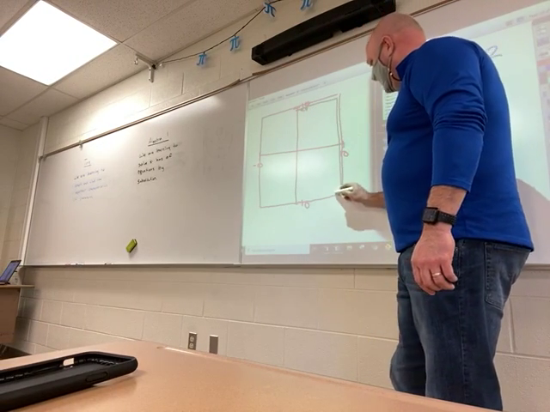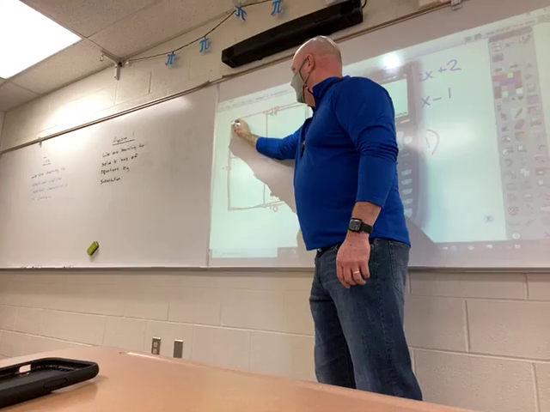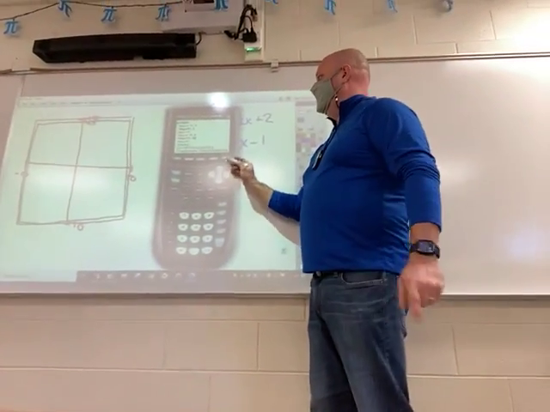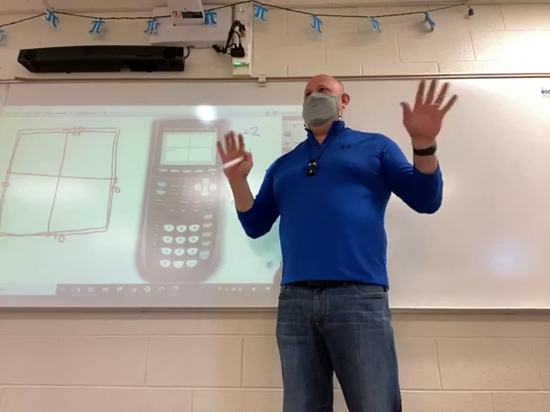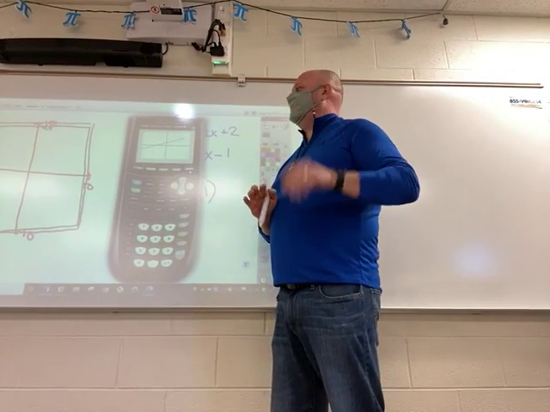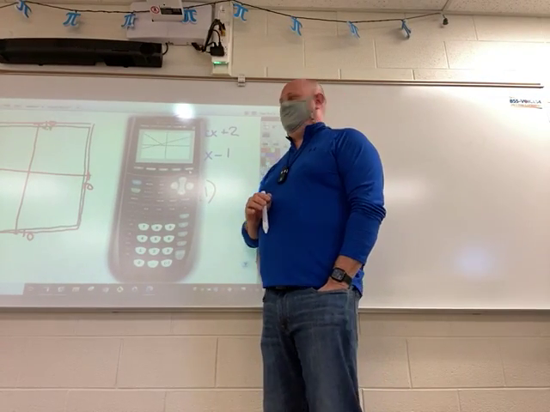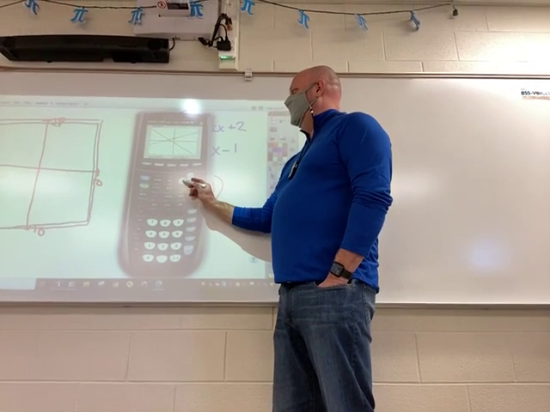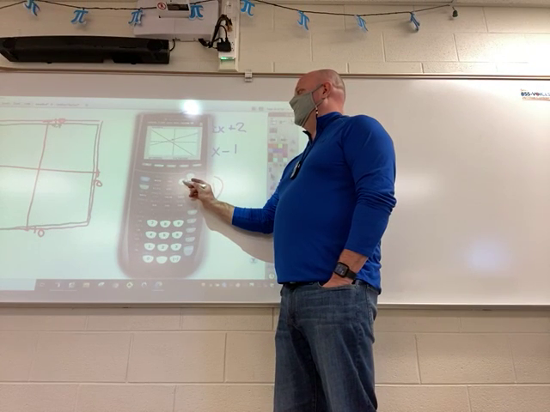So it's just going to be the slightest amount that we zoom in, right? Just a teeny tiny bit. Visually, it looks identical, doesn't it? Now press trace. And now when you press trace, it lets you get to those nice points. Right?